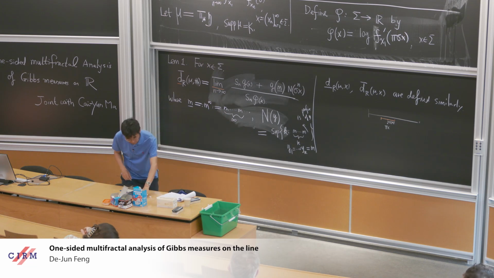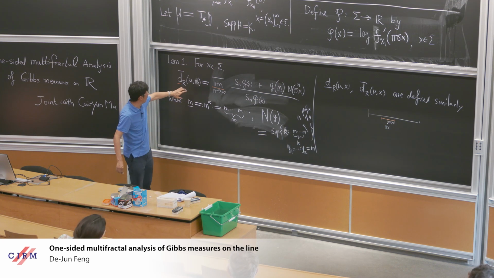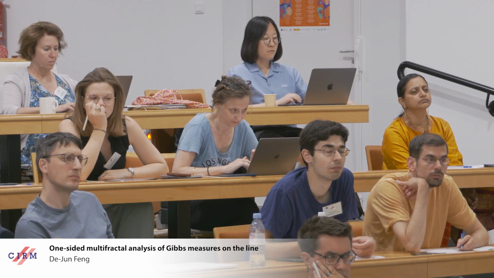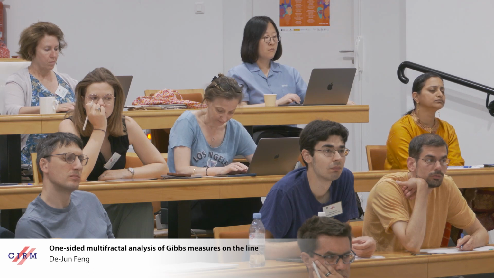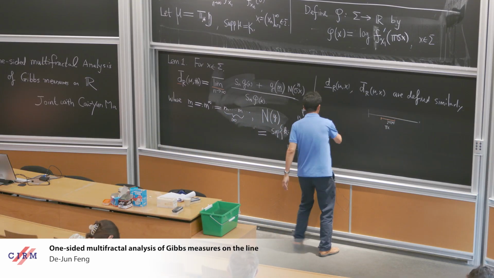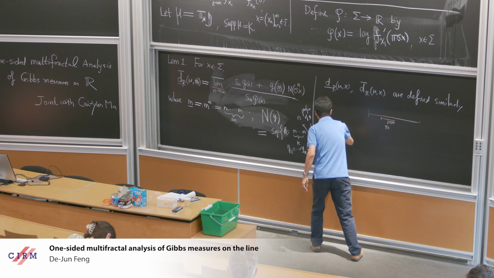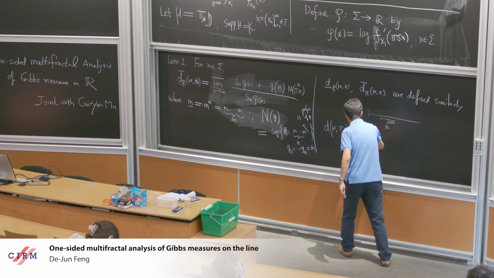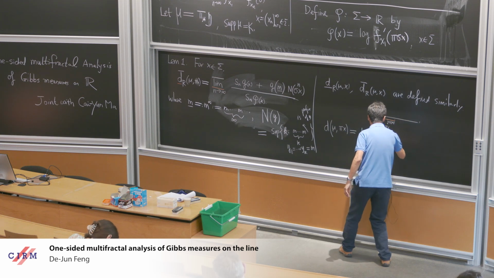Now, to help you understand the difference between the one-sided local dimension and the two-sided one, I just want to write what's the expression for the two-sided one. If you consider the two-sided one, it's simply the limit S n g x over S n phi x. Okay.